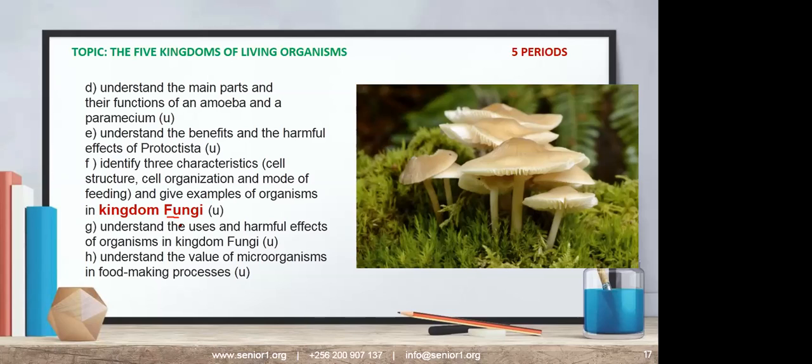Now we shall have to understand the uses and harmful effects. Did you know that there are some mushrooms that when you eat them, you die? They are poisonous. Actually, some people would use them long time ago in the days of Aleman. I think you have heard of Aleman.